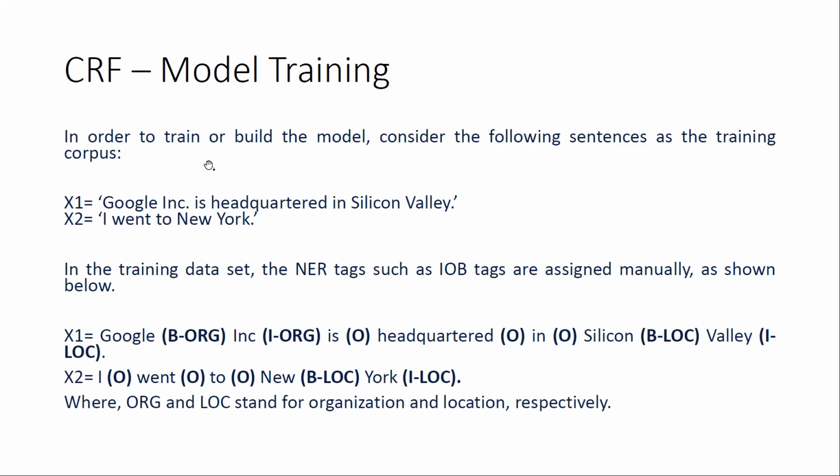In order to train or build, consider the following sentences as the training corpus. These two are the sentences. We just saw previously that we are saying Google, B-ORG, I-ORG, so all of the IOB tags are here. Similarly, x2 for the second sentence is like this, where ORG and LOC are organization and location respectively.